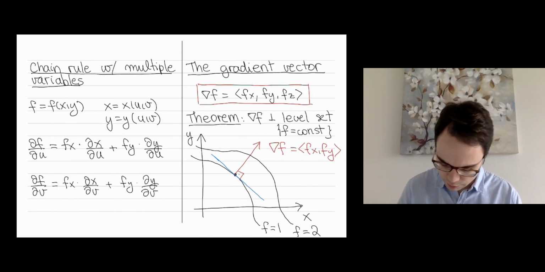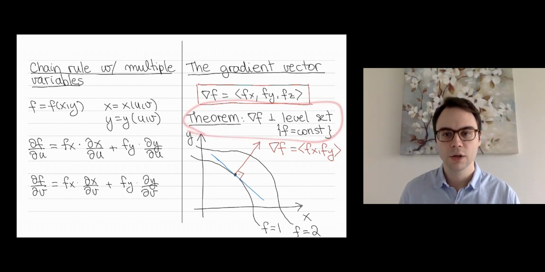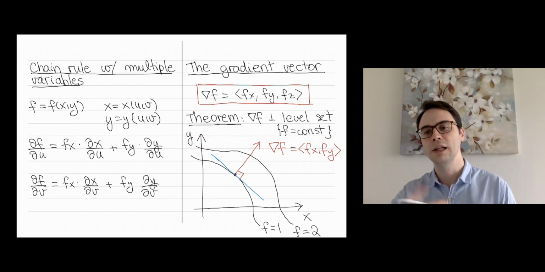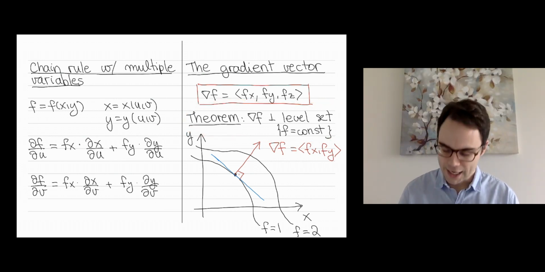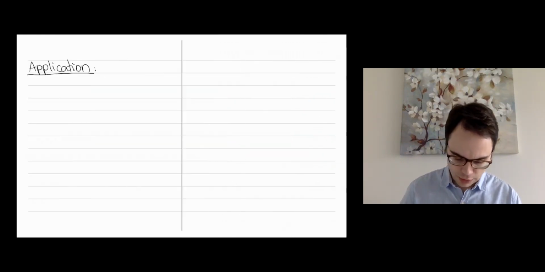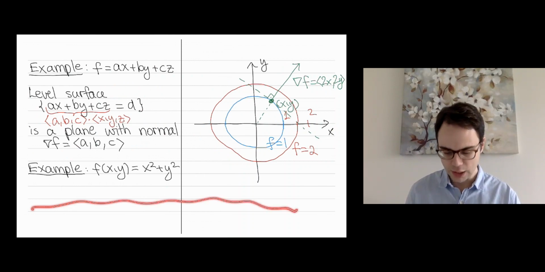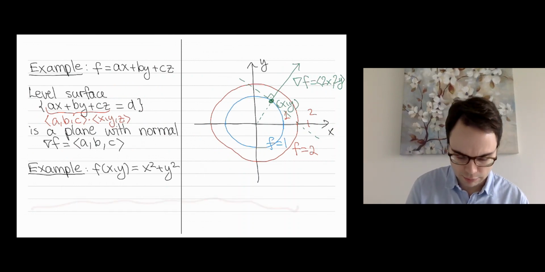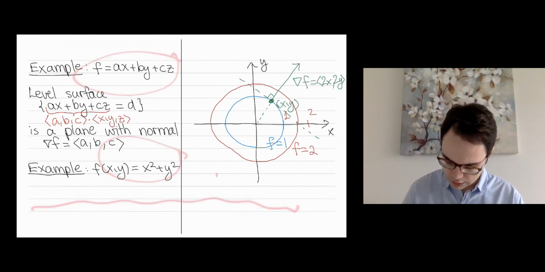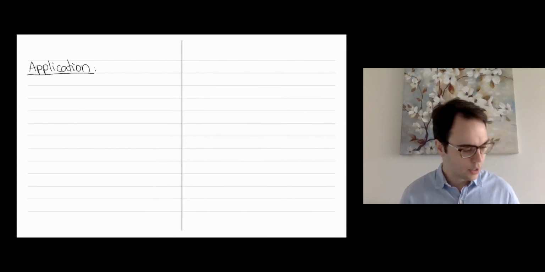Let's believe the theorem that the gradient vector is always perpendicular to the level sets of the function. We've seen this working in these two examples, in the case of a plane and in the case of a circle. So let's believe this is true in general.